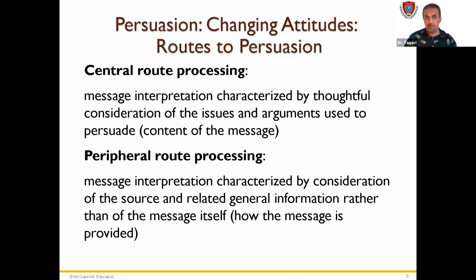Also, you should know that peripheral route processing sometimes is more important, more effective than central route processing. Why? Because a good message, an effective message, a useful message in an ineffective route cannot be sent correctly. And we can see some deviant component in that message.